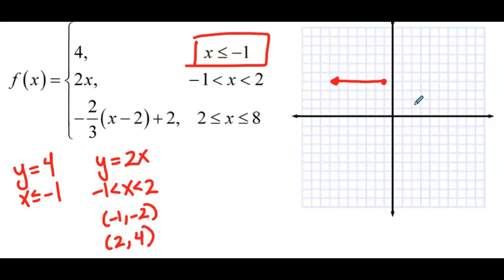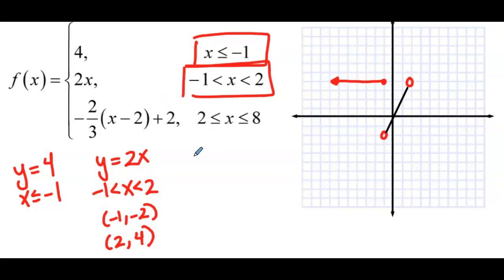So we have 2 points. At negative 1, negative 2, that's going to be an open point. And at 2, 4, that's going to be an open point. Now I'm going to use the line tool to connect these, just so I can make sure that it's perfect. So we're going to go from open point to open point with our line. Okay, so we've graphed the first 2 pieces.